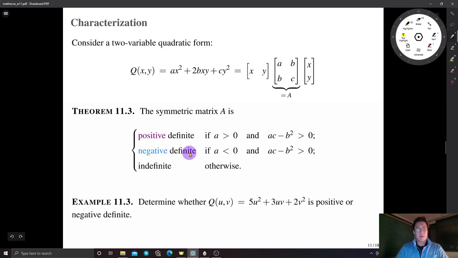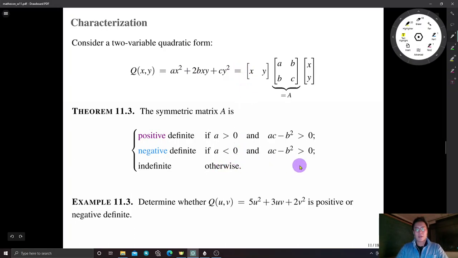And A is negative definite if the leading entry is negative, and AC minus B squared is positive. So when the leading coefficient A is negative, but AC minus B squared is positive, we have negative definite. So this quadratic form always takes a negative value. Okay?